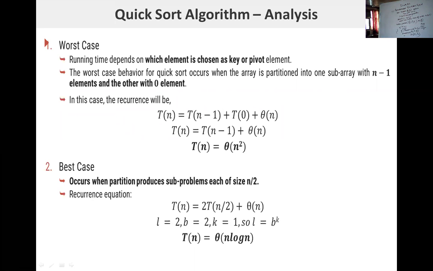The left part may be greater than the right hand side, or the right hand part may be greater than the left hand side. That gives the average case complexity, because the lists are not divided into equal halves, but the comparisons done would be roughly equal to the best case. Fine, so it would be n log n.